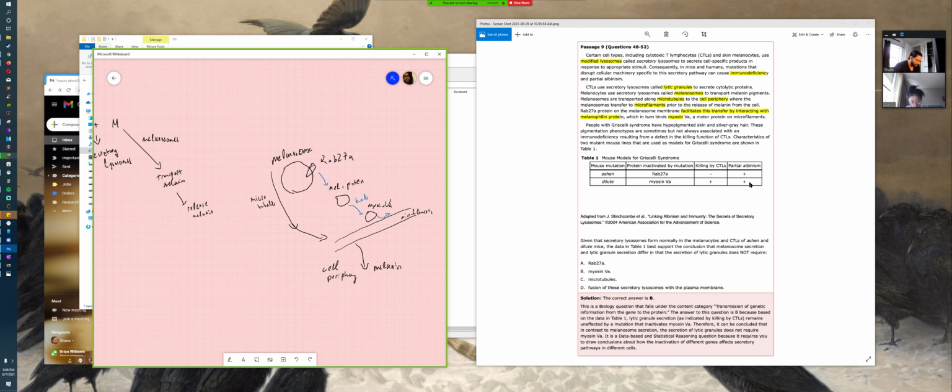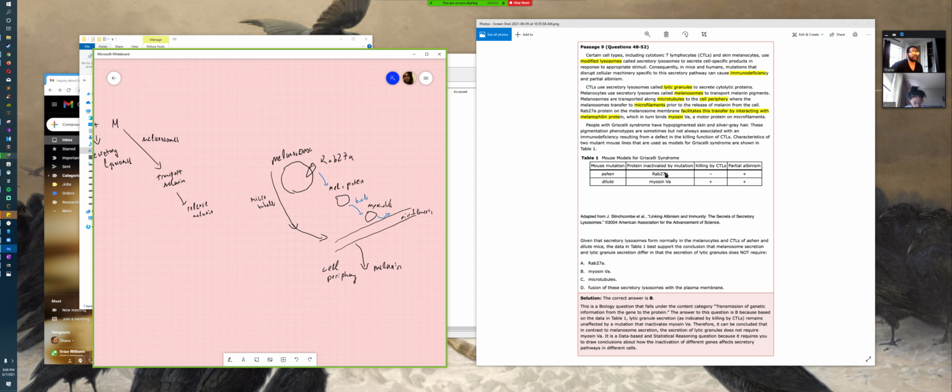So basically, when Rab is messed up, you don't have the melanosome transfer to the microfilament, I suppose.